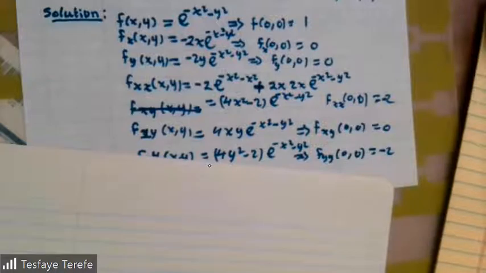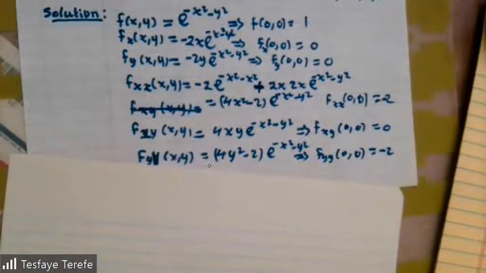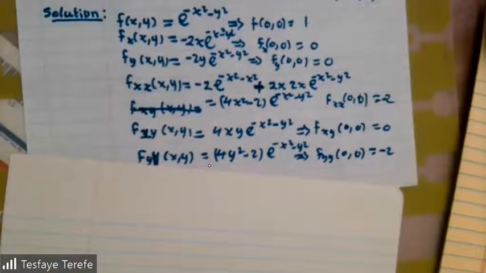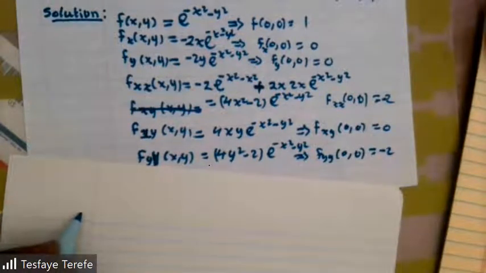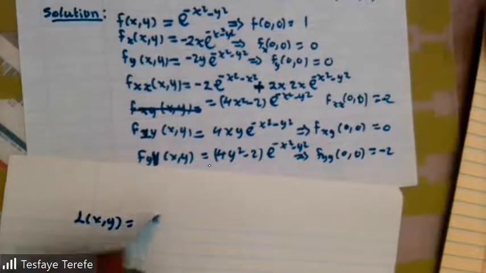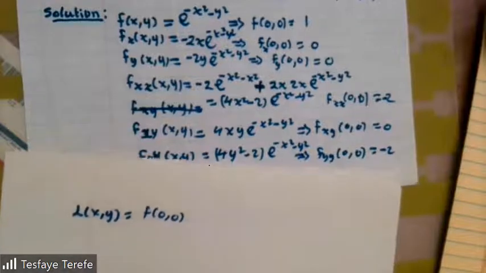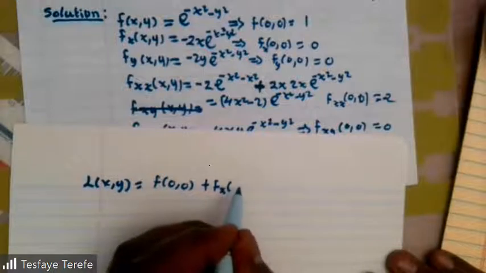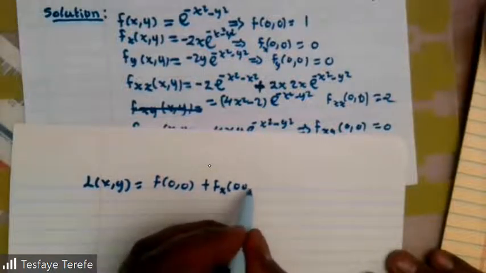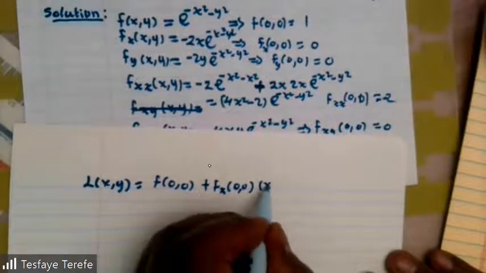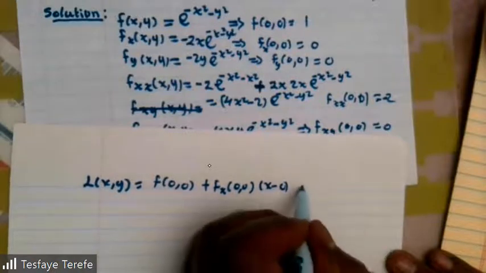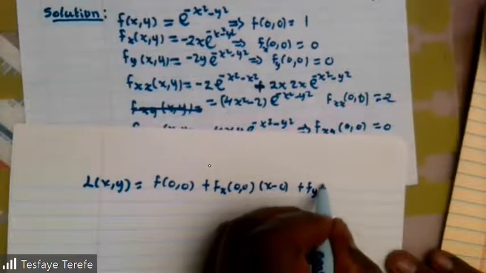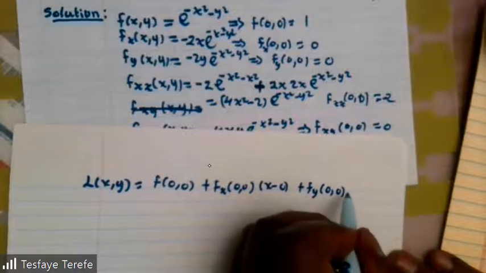So the first Taylor polynomial is going to be L of xy equal to f of 0, 0, because the point we are given is 0, 0, plus the partial derivative with respect to x at 0, 0, and x minus 0, plus the partial derivative with respect to y at 0, 0, and y minus 0.